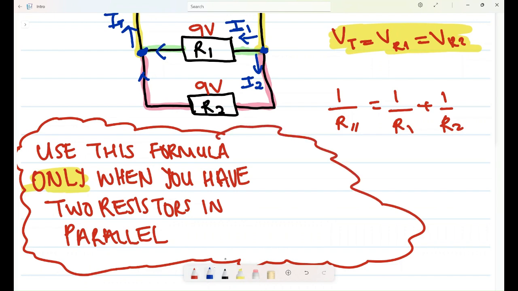Which formula am I referring to? I'm referring to this formula: R parallel is equal to R1 times R2 divided by R1 plus R2.